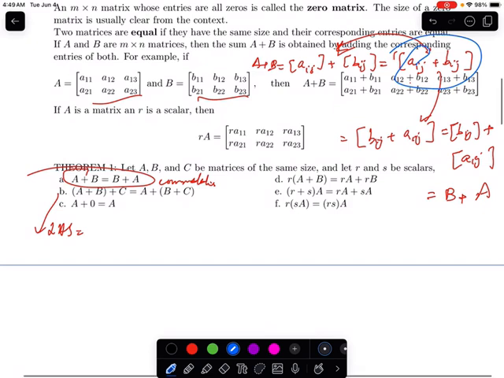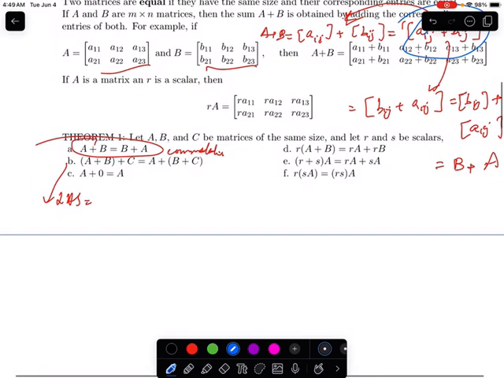So I can say it is equal to A plus B in parentheses plus C. So which is equal to, so the first one is Aij plus Bij. And then plus Cij.